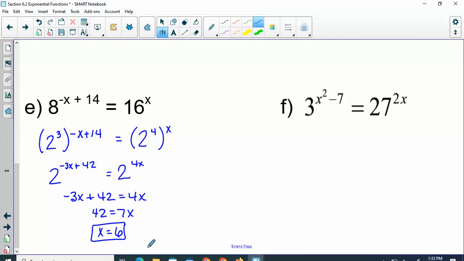What base do we use? 3. Okay. So we have 3 to the x squared minus 7. 27 is 3 to the 2x. So what do we do with these exponents? Multiply them. So that gives us 3 to the 6x.